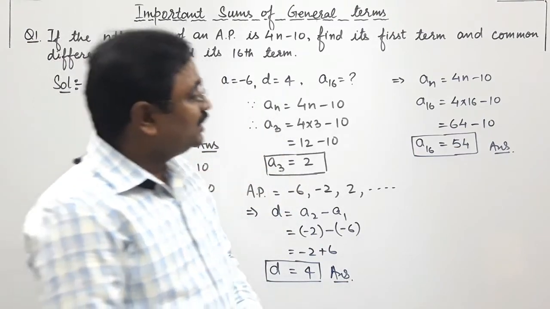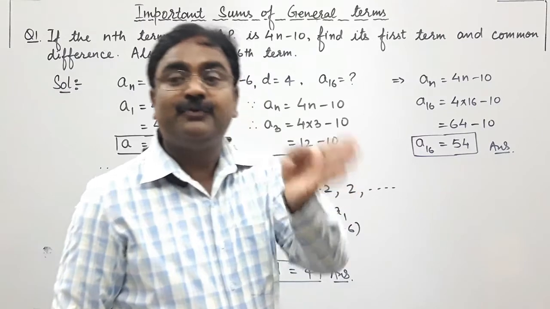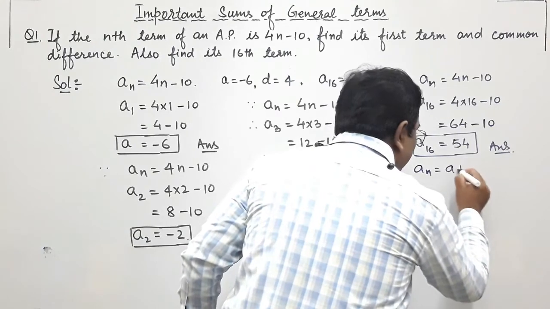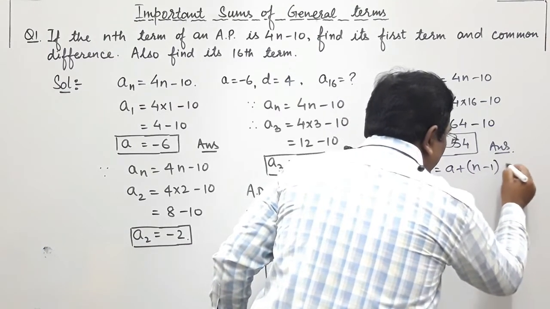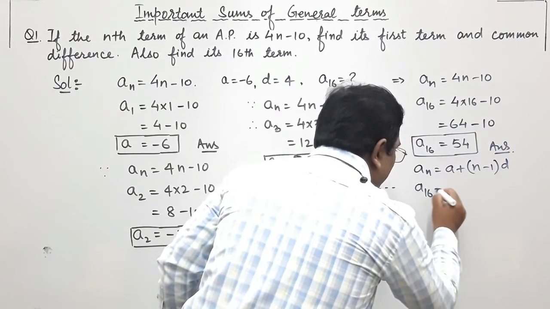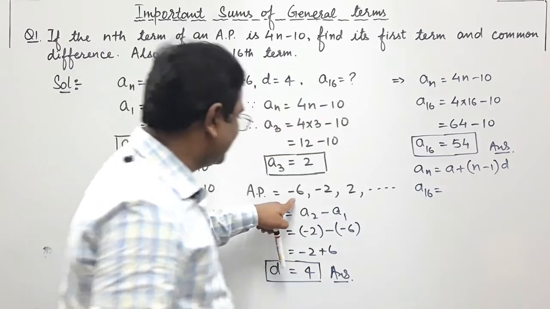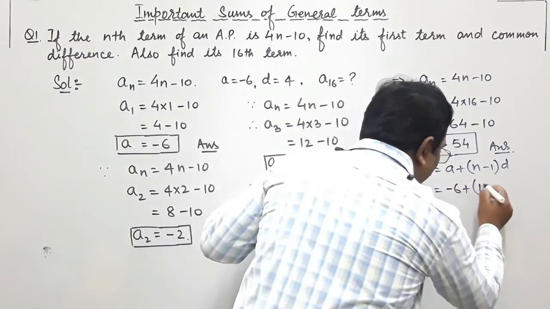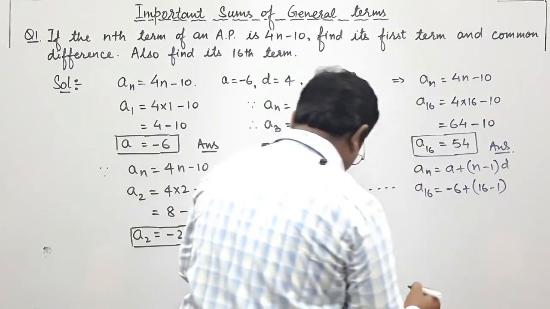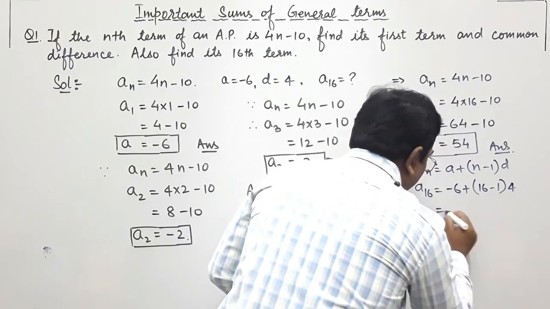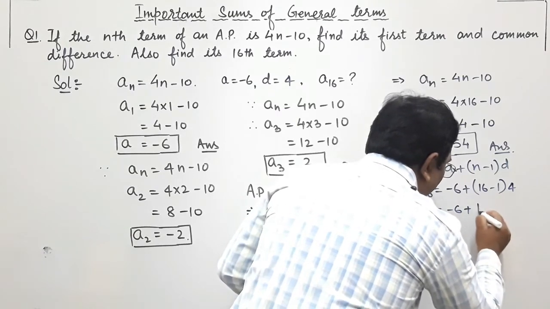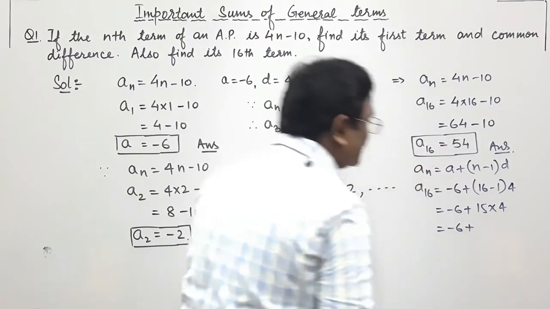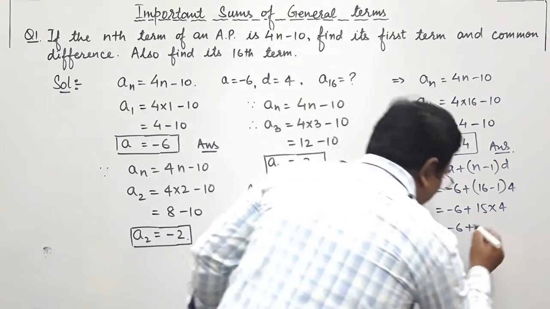One thing more, इस 16th टर्म को आप जनरल टर्म के फॉर्मूले से भी फाइंड कर सकते हो. As you know, an is equals to a plus n minus 1 into d. So therefore a16 is equals to a, the first term which is minus 6, plus n is 16 minus 1 into d. The value of d is 4. Substitute here. Minus 6 plus 15 into 4, 15 4s are 60.